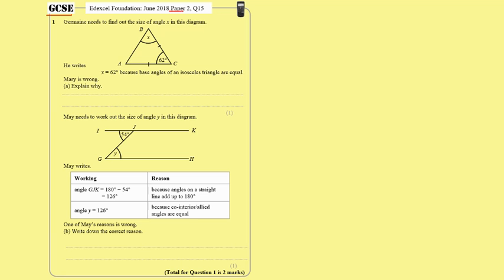I don't need you to copy down here. It is enough if you just write down June 2018 paper 2 question 15. So if one day you want to check it back, you can quickly Google it.